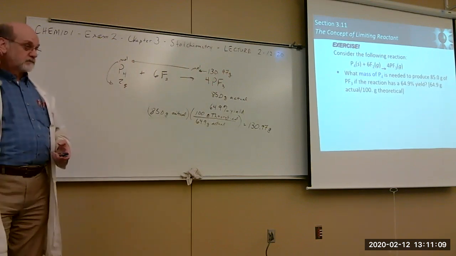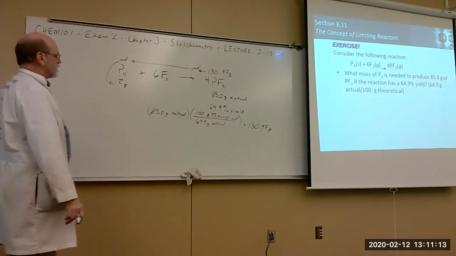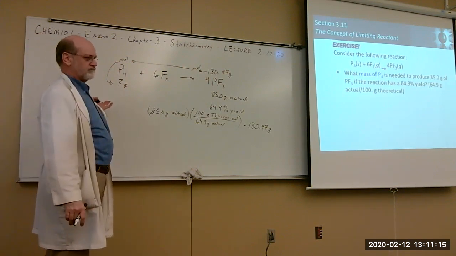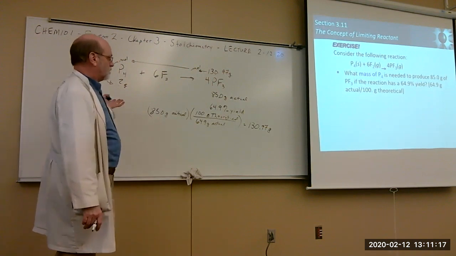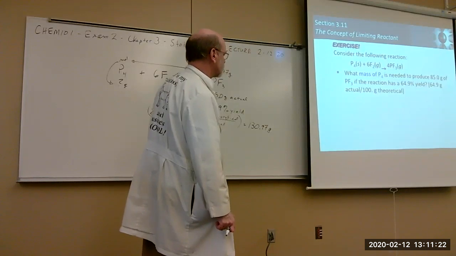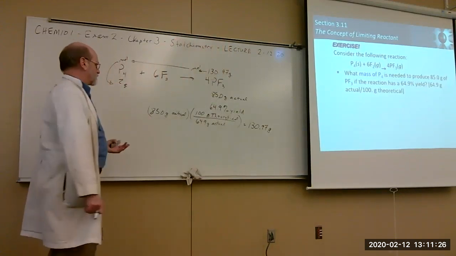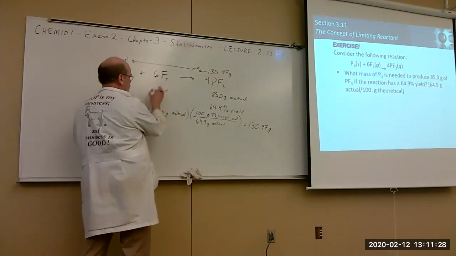Because apparently P4 is limited here. Well, actually, we're not talking about limiting in this case. Does it say excess? No, it doesn't say excess. So we have to make an assumption. We don't know how much this is.